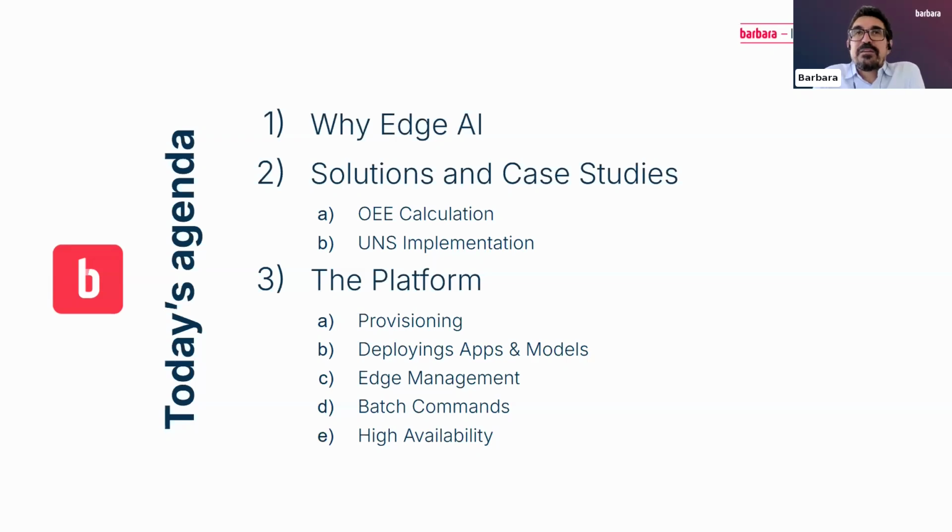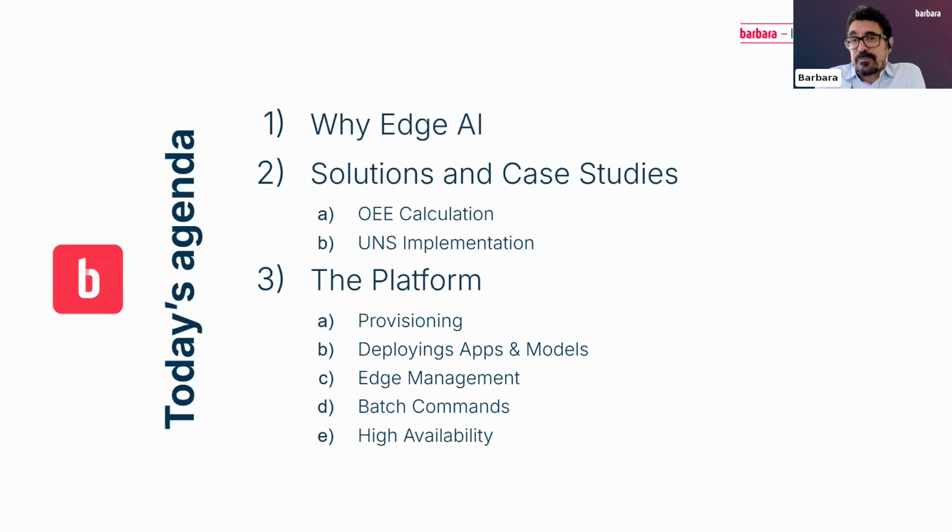Then when we have seen how to deploy these two cases, we will go deeper in the platform. We will see how we can go beyond, the possibilities using Barbara. We will see how to provision a new machine. We will see how to deploy applications and AI models, and the way to manage devices.